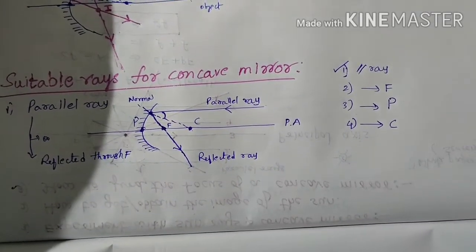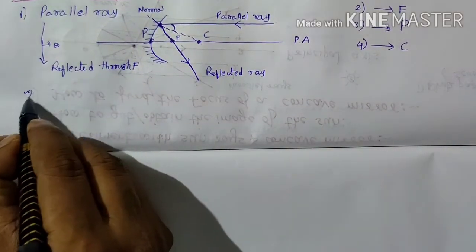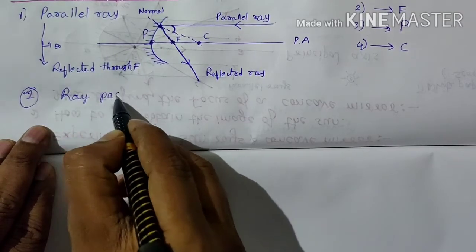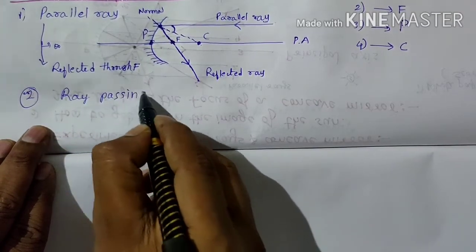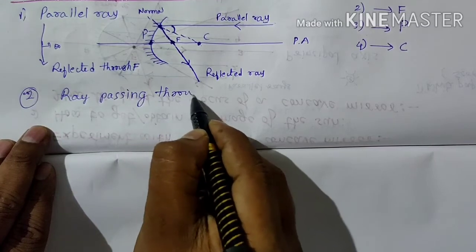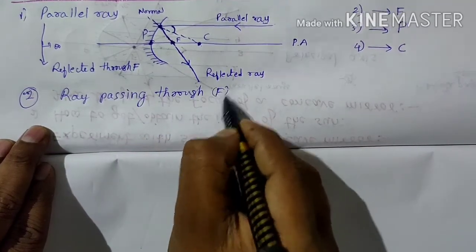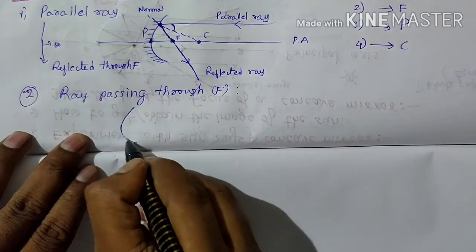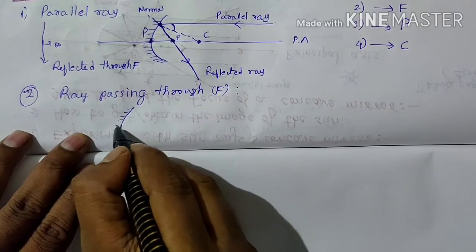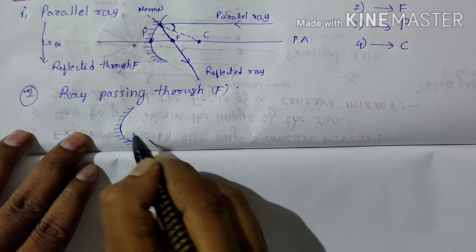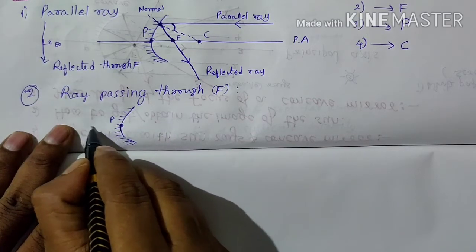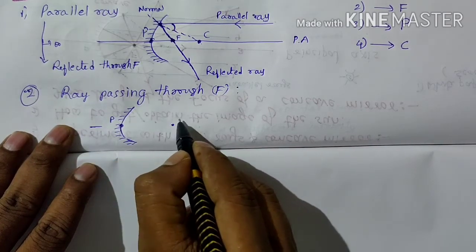Let us see the second one. What is the second one here? The second one is the ray passing through focus. This is the concave mirror, this is the non-reflecting surface, and this is the midpoint of the mirror, which is called the pole, and this is the center of curvature.